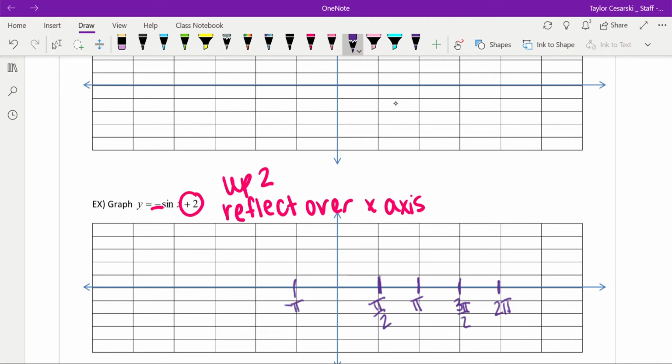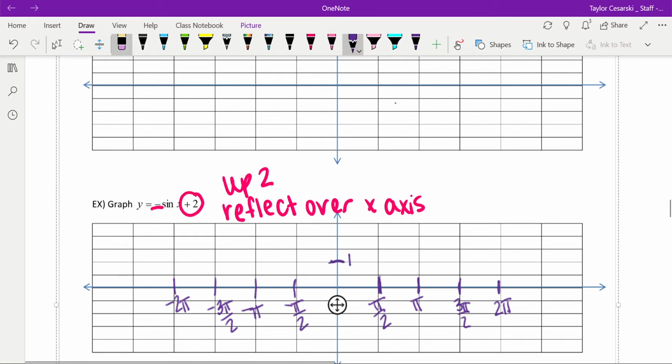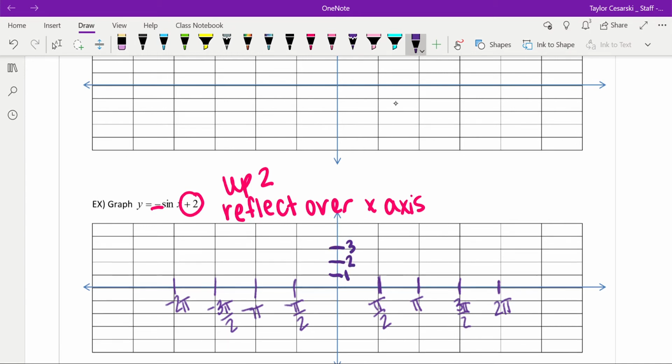Going backwards, I just have the negative version of that: negative pi over 2, negative pi, negative 3 pi over 2, and negative 2 pi. Alright, I'm going to have to scale this by ones because I'm going to move this up 2. So 1, 2, 3, negative 1, negative 2, and negative 3.